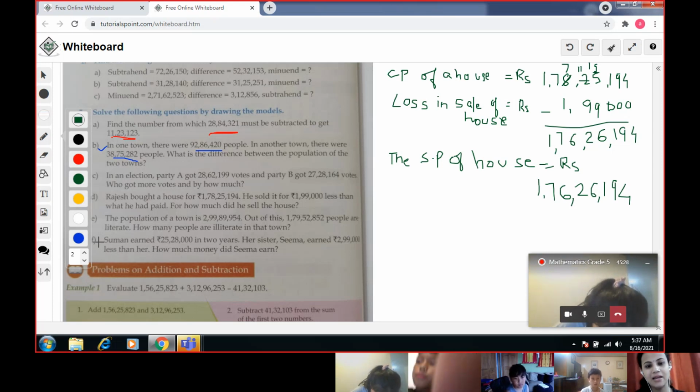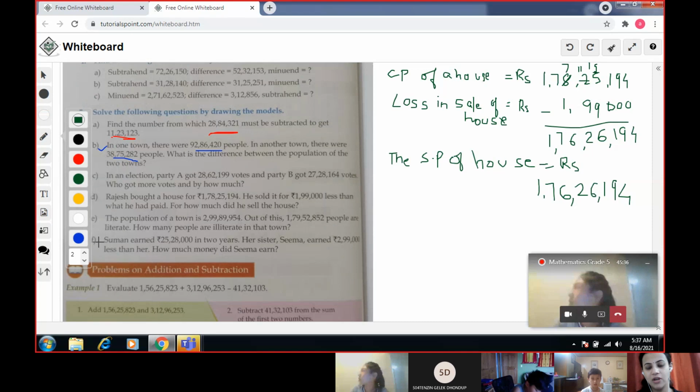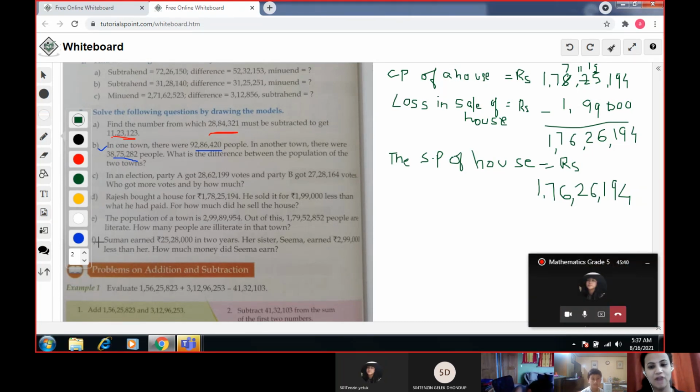So how many people are illiterate? The total population is given, and the number of literate people is given, and you have to find the number of illiterate people. So we will subtract them, and we will get the number of illiterate people.